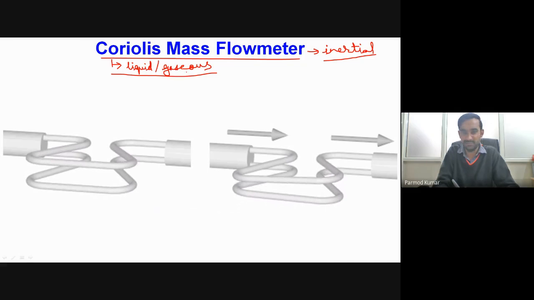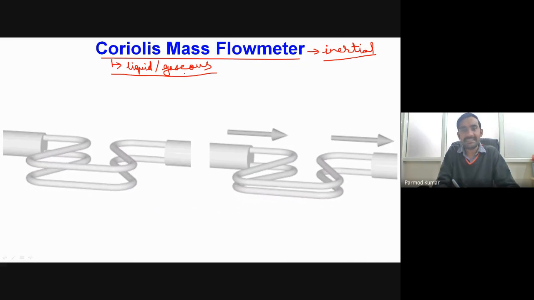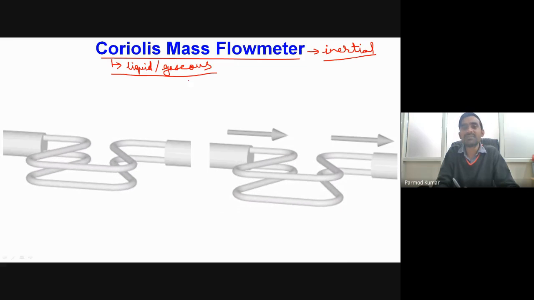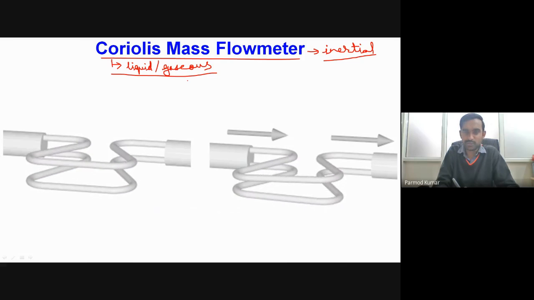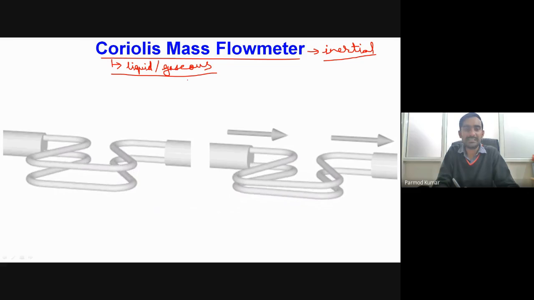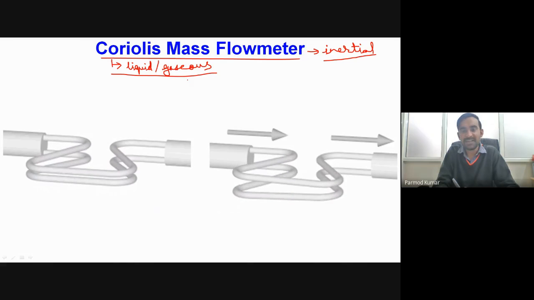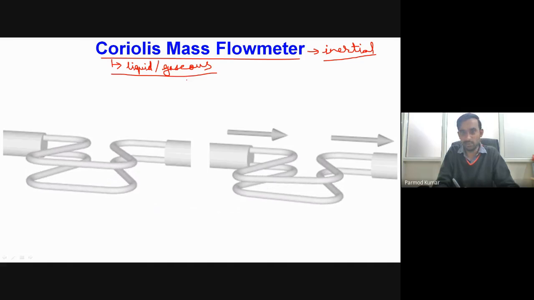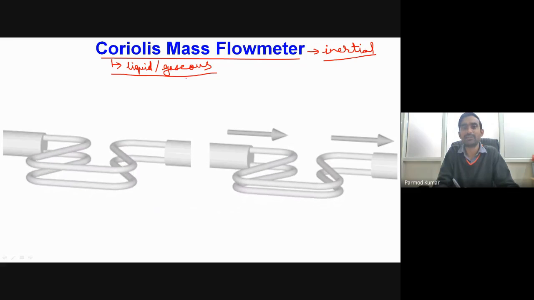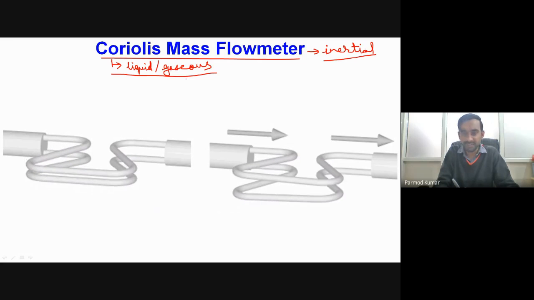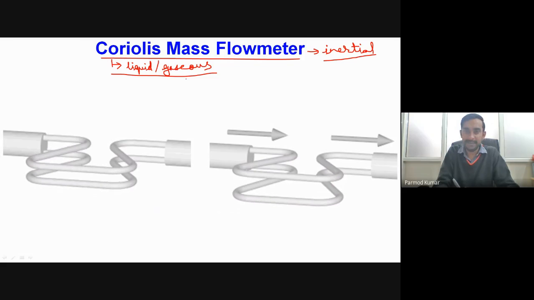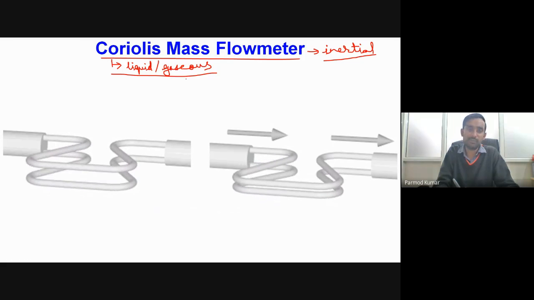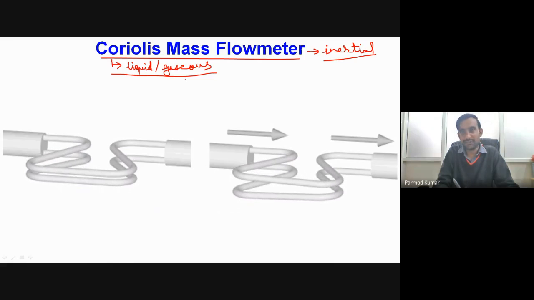The basic idea over here is to employ Coriolis force, which will be changing the oscillation dynamics of our mechanical tubing structures while fluid is flowing inside the tube. Based on that, we identify the deflection of the tubes, and then we relate the deflection of the tube to the corresponding mass flow rate of the fluid medium.